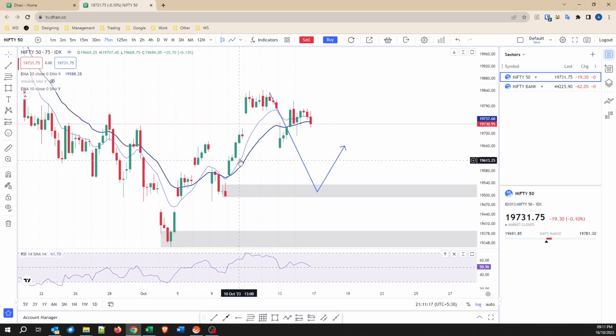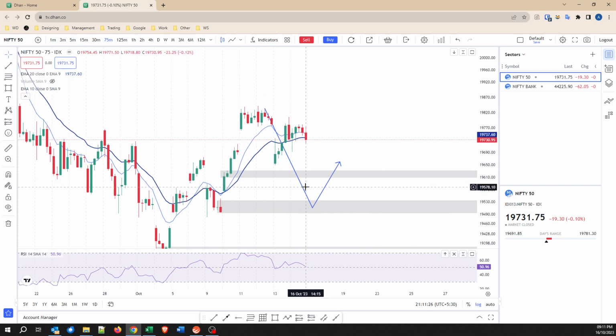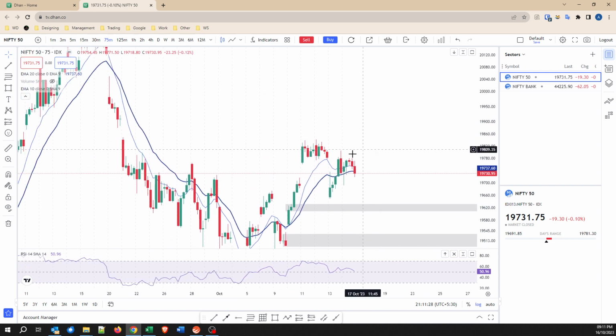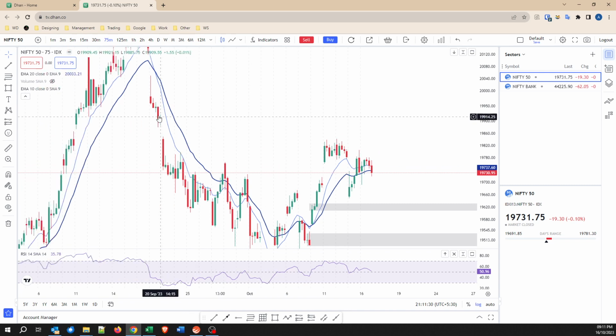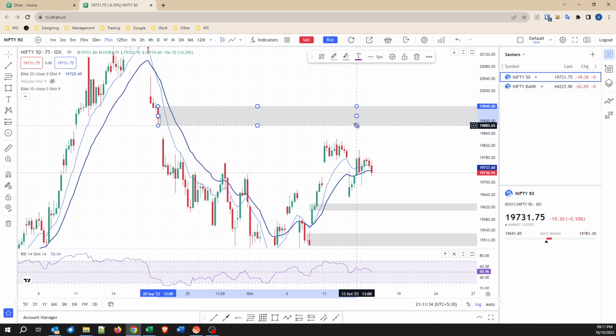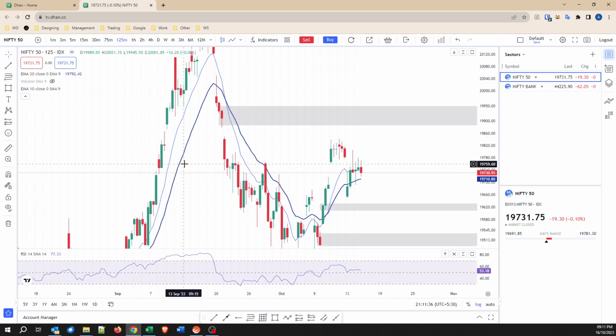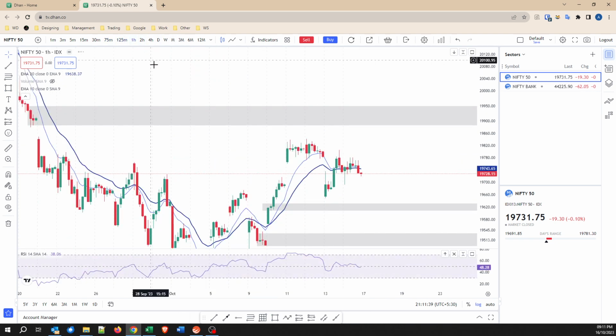Along with this, we also have a minor demand zone here. So these are our demand zones, and let's find any supply zones above. I can see one supply zone here. I would be comfortable trading it like this. The 1 hour time frame maybe.